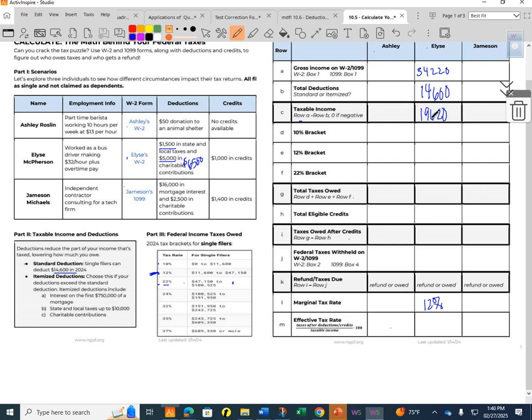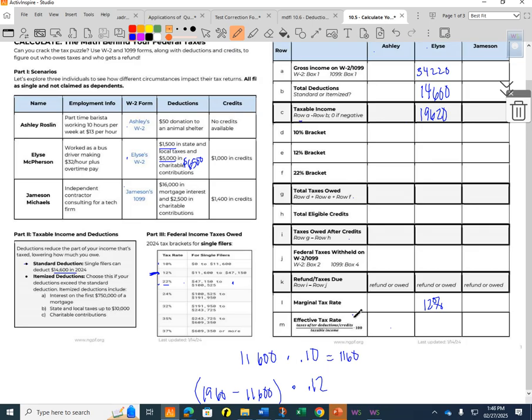So now, based on her $19,620 taxable income, we know that the first $11,600 she's going to pay 10% on. And then the rest of her money she's going to pay 12% on. So we're going to take her taxable income and subtract what she's paying 10% on. That difference she's going to pay 12% on. So I'm going to do that on my calculator. 11,600 times 10% is 1160.